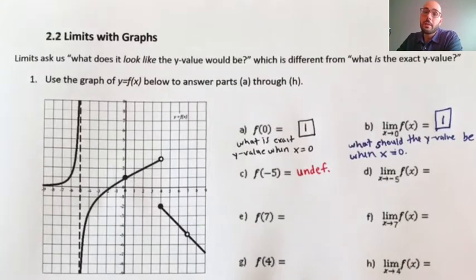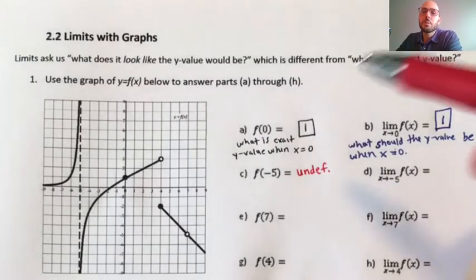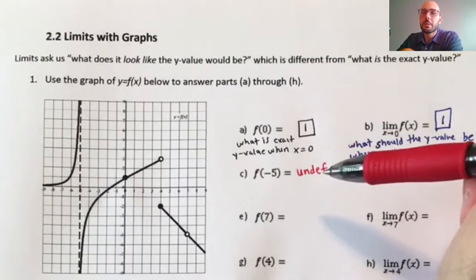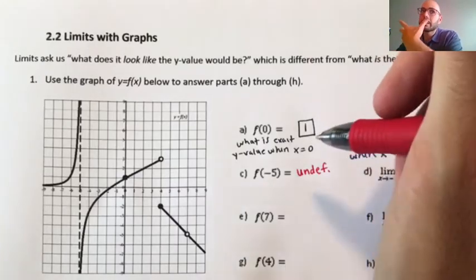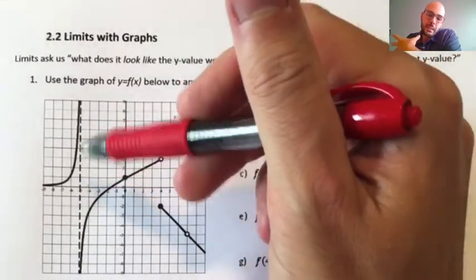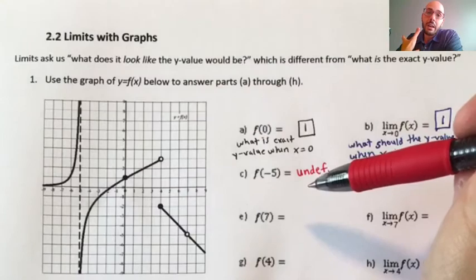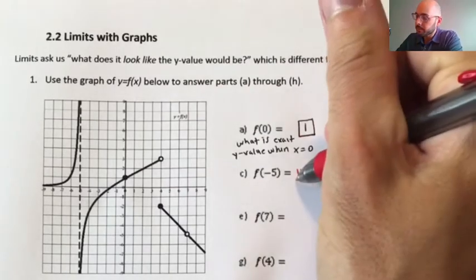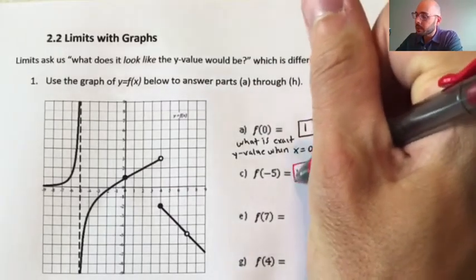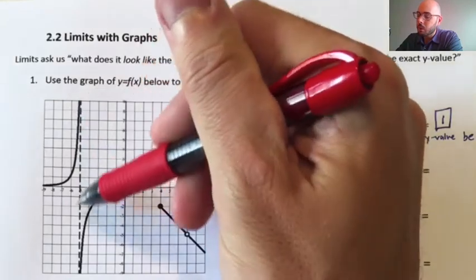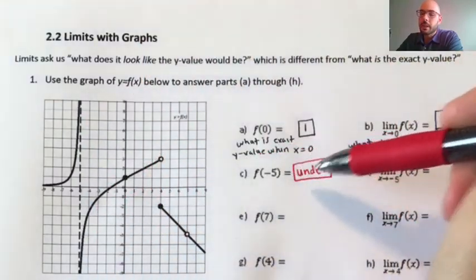That's what the y value of the graph is. It's undefined. Please don't put does not exist. We only use that for limits. I know I said does not exist, but it's more like the point didn't exist, so the y value is undefined. There is no point, so the y value is undefined there.